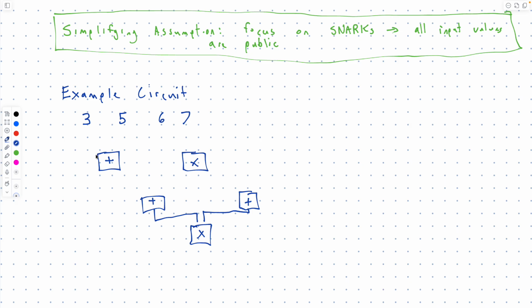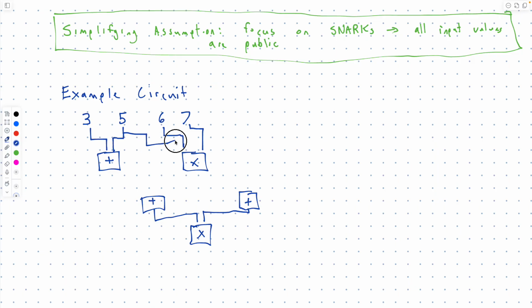So we'll say that 3 and 5 go into this input gate. We'll put 6, 7 into this one.